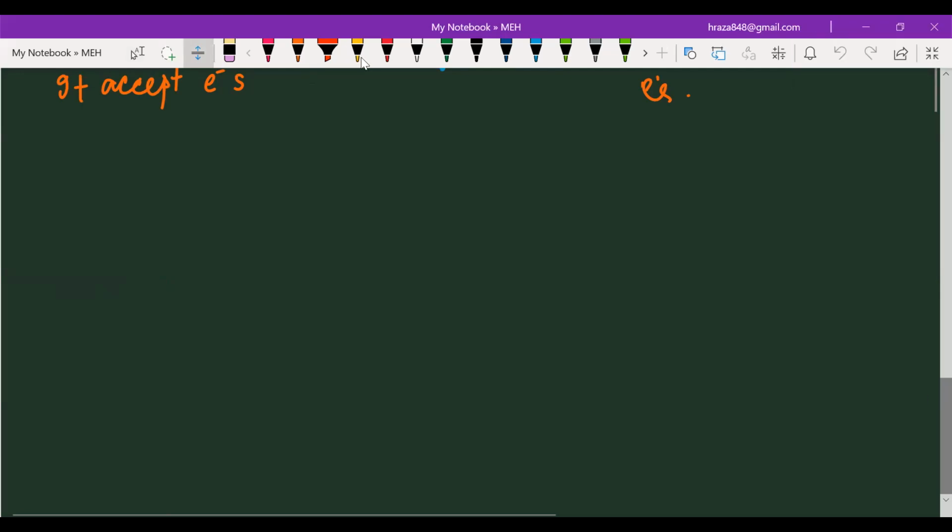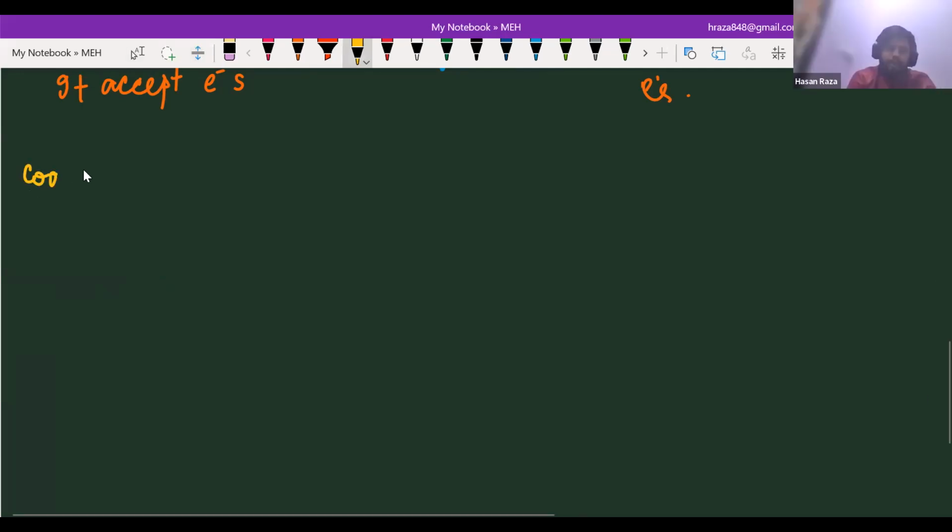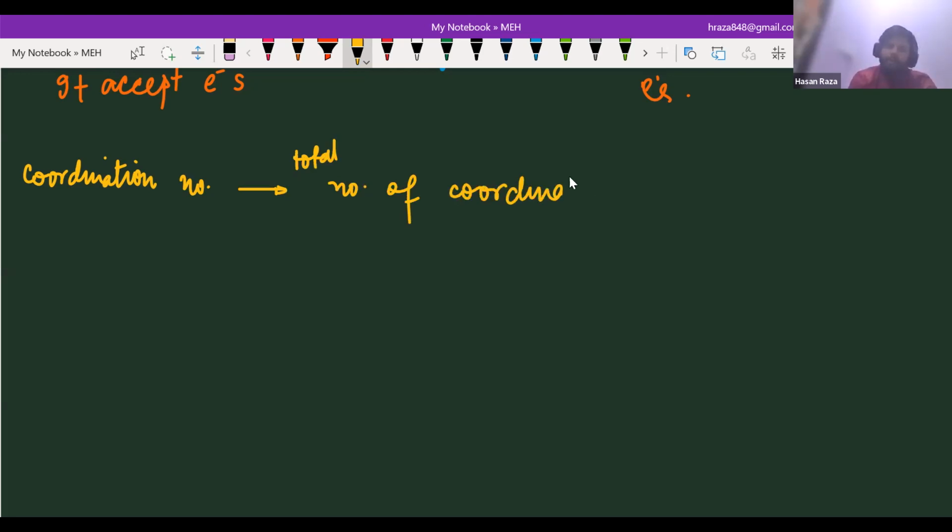So what is coordination number? I didn't explain this. Coordination number is basically the total number of coordinate bonds between central metal atom and ligand.